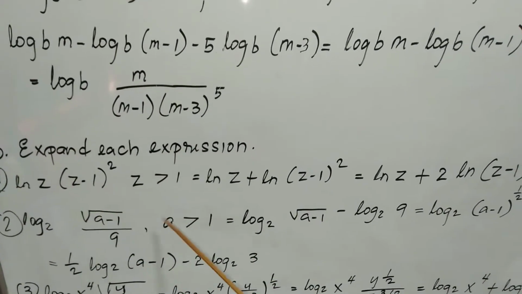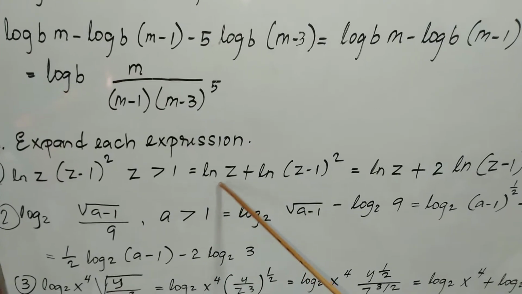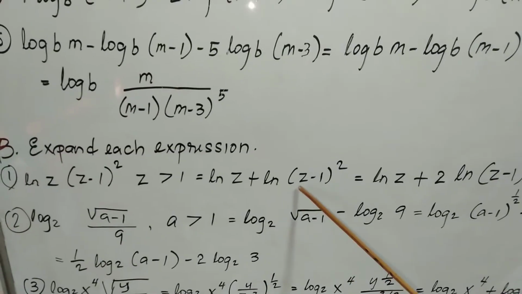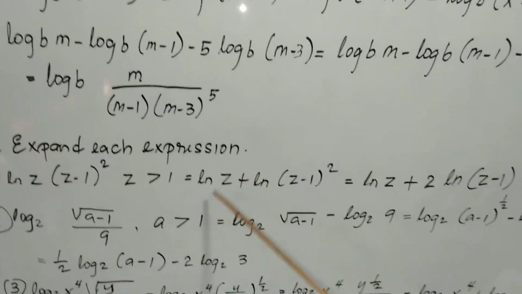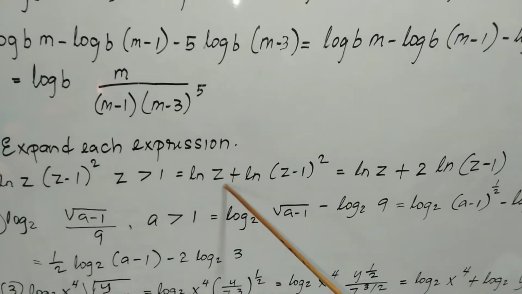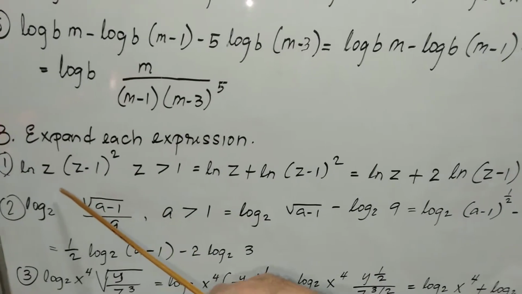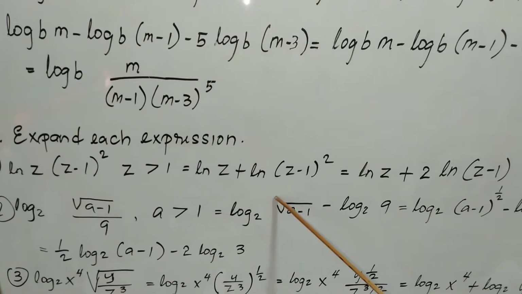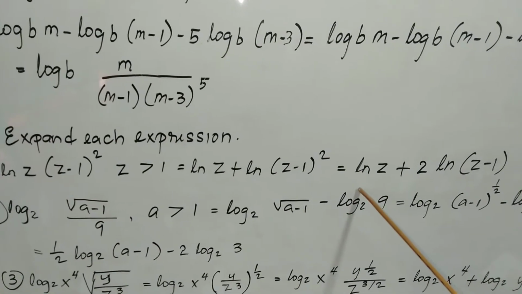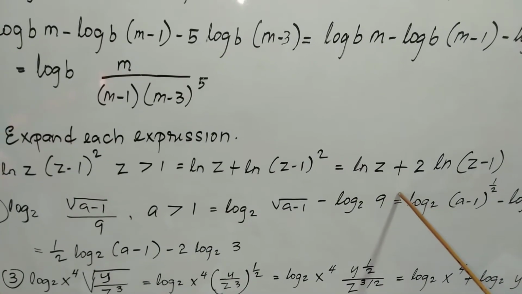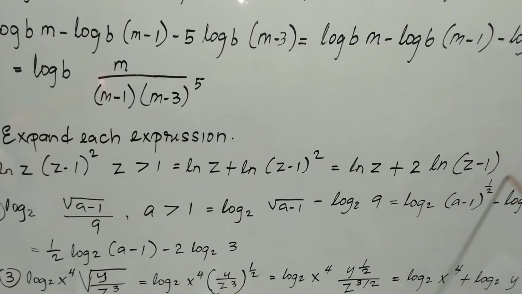So that one becomes the natural log of z plus natural log of z minus 1 quantity squared. The product becomes the sum, and then we bring down the 2, so natural log of z plus 2 times natural log of z minus 1.